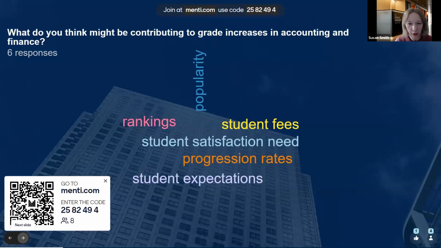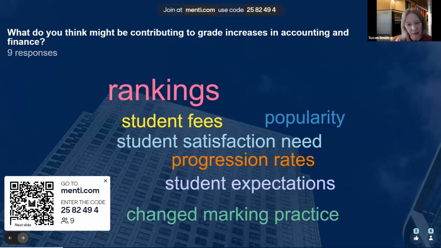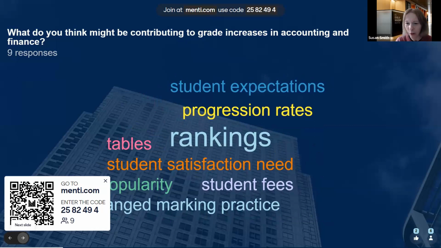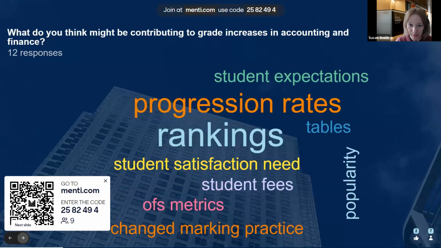I'll give you a little bit longer as it builds into the word cloud. So it's interesting what has come up here, that there's quite a lot of external pressures almost driving institutional practice.